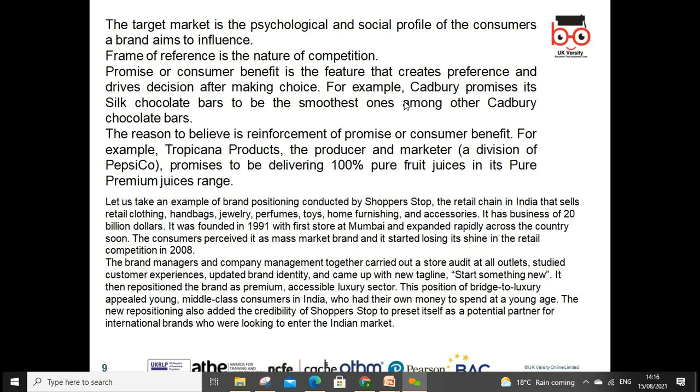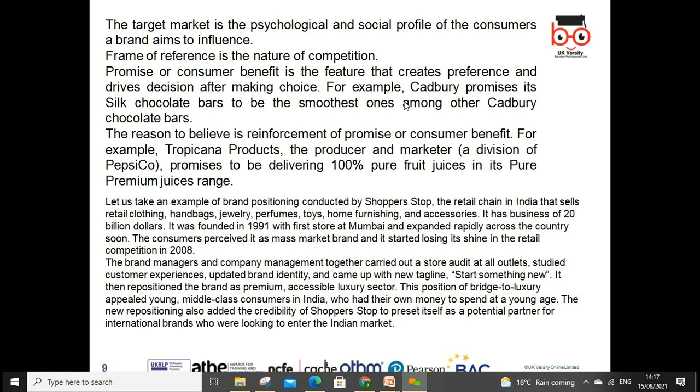Let's take an example of brand positioning: Shoppers Stop, the retailer chain. We can look at it in India or in other parts of the world as well. It was founded in 1991, with the first store in Bombay, and expanded rapidly across the country.